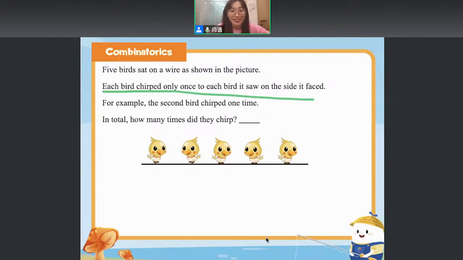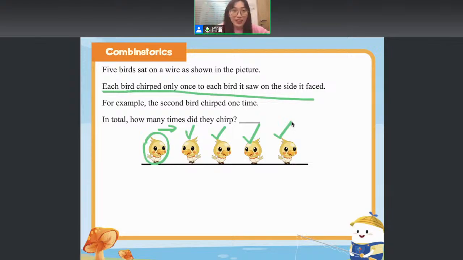Okay. So for example, everyone, you see for this bird, it is facing the right side, right? So actually, it can chirp once to who? The second one, third one, fourth one, and the last one. So actually for the first bird, it can chirp 4 times.